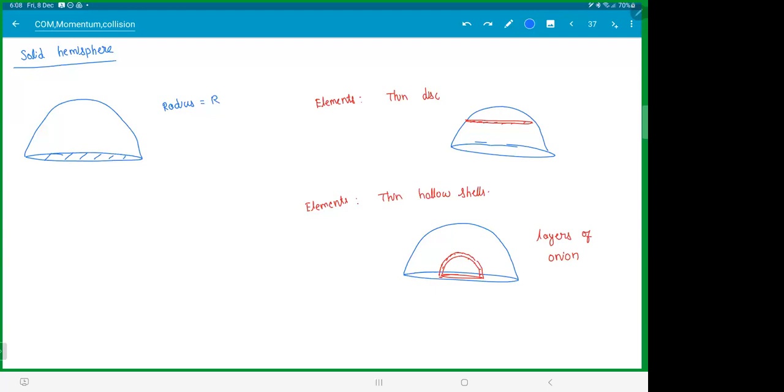Take a thin hollow shell, find its center of mass, find its mass, and then find the center of mass of all these hollow shells' centers of mass, and that should be the center of mass of this thing. 3r by 4, that is wrong. That is the right element, Adrit. How do you take the volume of this thin shell? Surface area 2 pi r square into thickness dr.